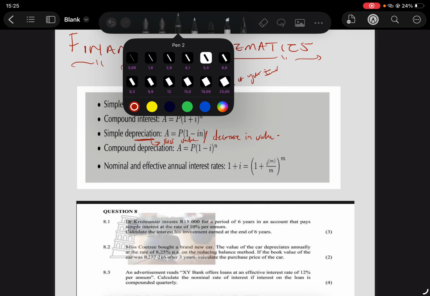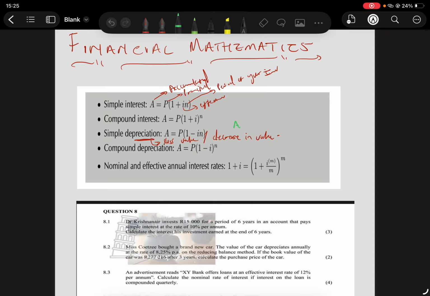Hence, in depreciation, your A is less than your P. P is what you started with, the starting value of your asset. And your A will then be the book value, or the decreased value of your asset at the end of the period N.